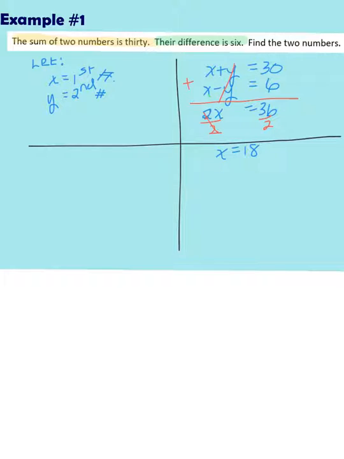So we're going to plug into one of our original equations up here. I personally like this first one. So instead of x, I'm going to put in 18 plus y is equal to 30. If I subtract 18 from both sides, y would have to be 12. So here are my two solutions.